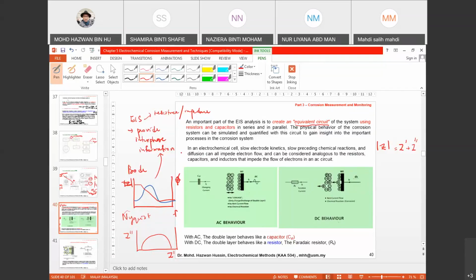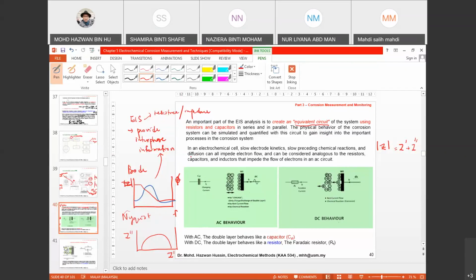For adsorption, you learn about the Langmuir, Frumkin, Freundlich and Temkin models. If your data fits a model, it correlates with the hypothesis. Langmuir says monolayer; Temkin says chemical adsorption, chemisorption.